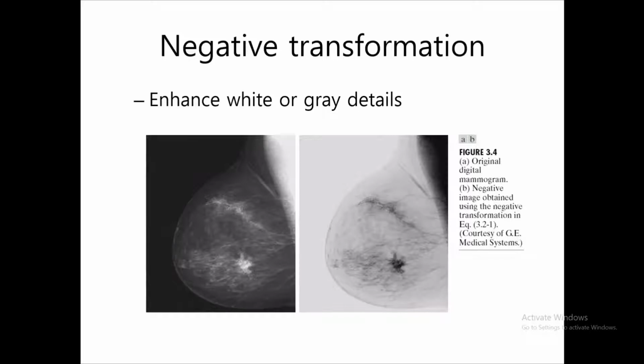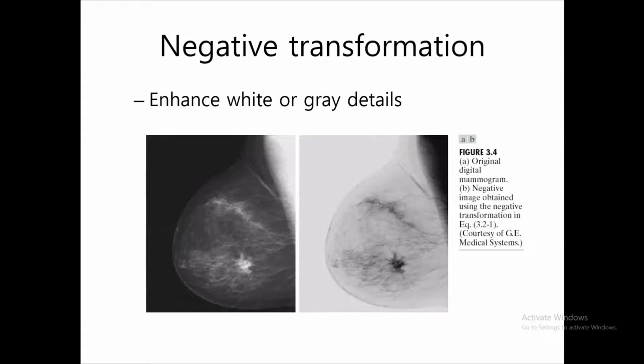This process is useful when the images contain white or gray label information embedded in black or very dark pixels, where the background is dark and we have very little gray label information.